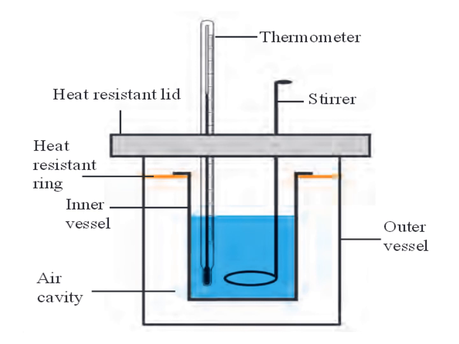So, a calorimeter has an inner vessel that's made up of copper, and an outer vessel. It has a heat resistant ring and also a heat resistant lid respectively. Now why do we have the heat resistant ring and the lid?